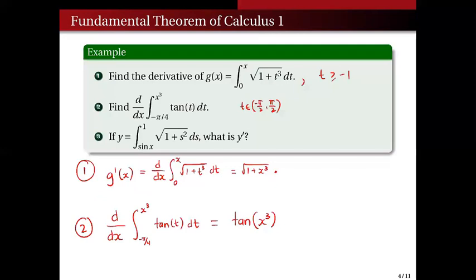So we're going to apply the chain rule, since this is x cubed. By the chain rule, we have to multiply this by the derivative of x cubed, which is 3x squared. Follow? Any questions?